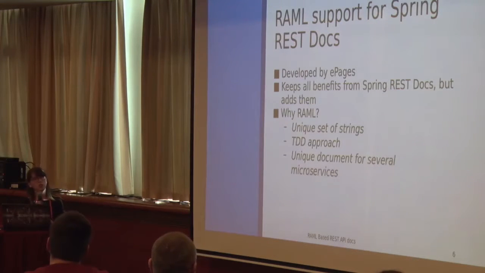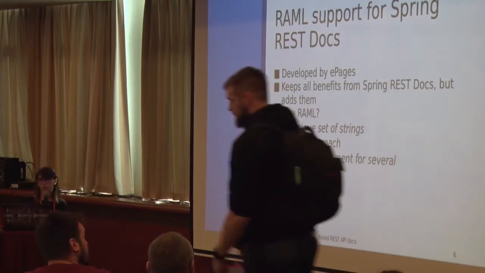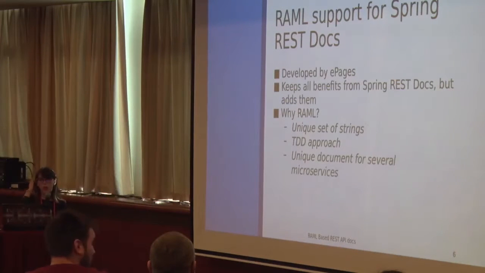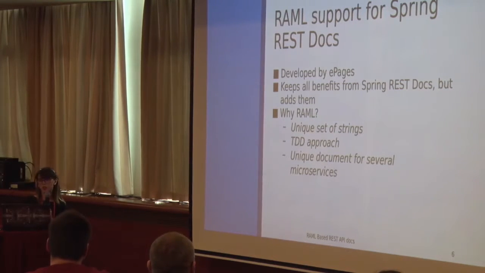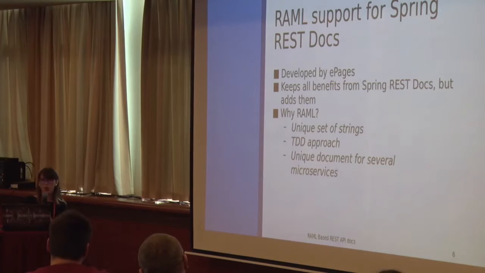So why do we need something else if Spring REST Docs is already good enough? Well, if we think about it, we will have, for example, resources and fields for our resources that are described in our code. But most of us have some tech writers or business analysts that are obliged to keep those strings in a form that can be publicly announced.